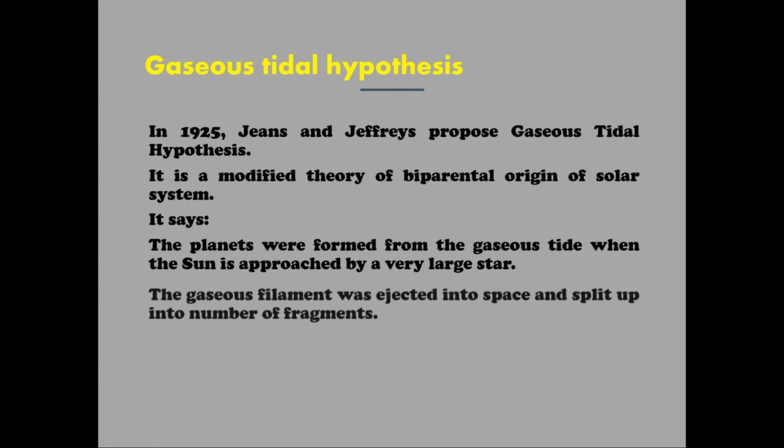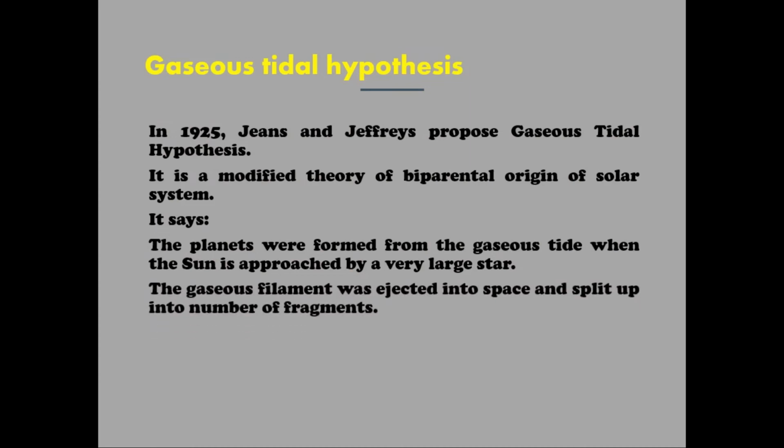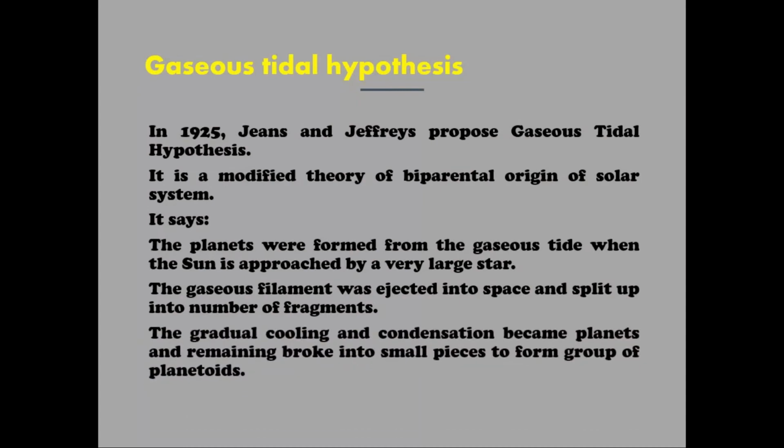When a large star approached the Sun, a gaseous filament was ejected into space by the Sun and split up into a number of fragments. This was similar to the planetesimal hypothesis. Then the split up gaseous molecules on cooling became planets and the remaining broke into small pieces to form a group of planetoids.